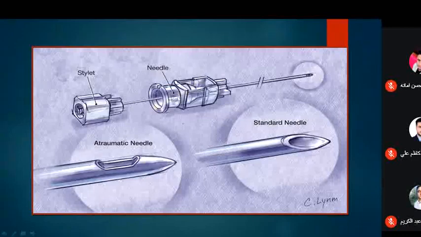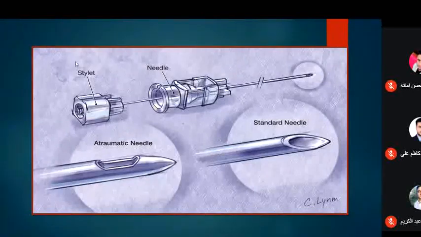So after introduction, doing the lumbar puncture, removal of the stylet, like the cannula, and then the needle will be inside the subarachnoid space, and the CSF fluid will come, or we introduce something through it.